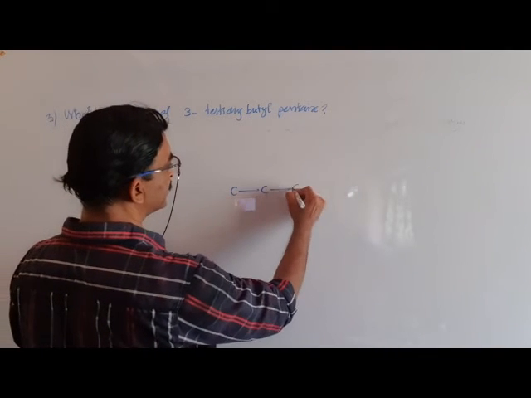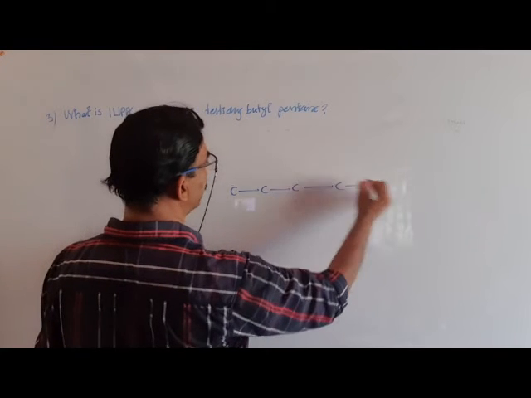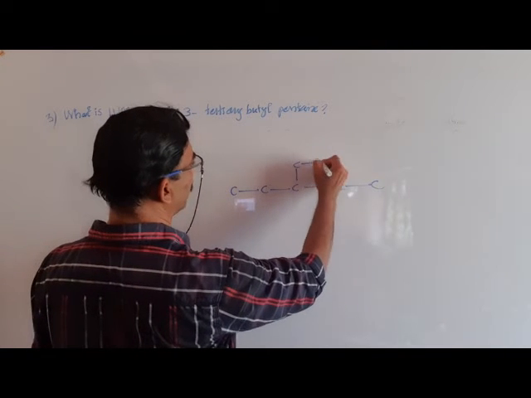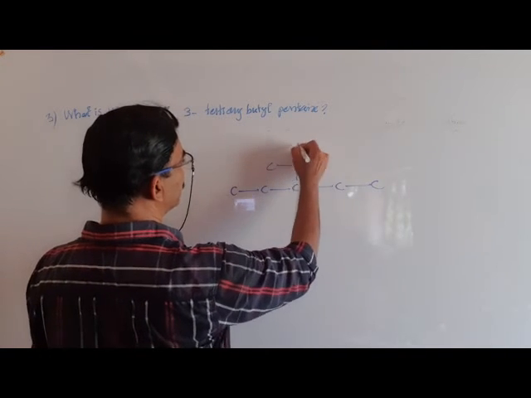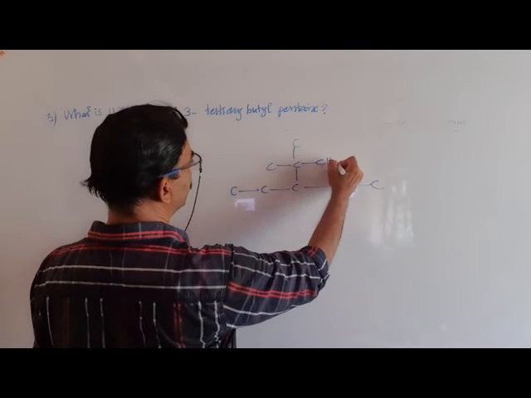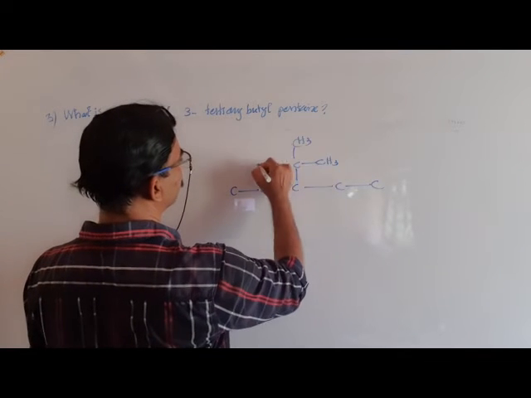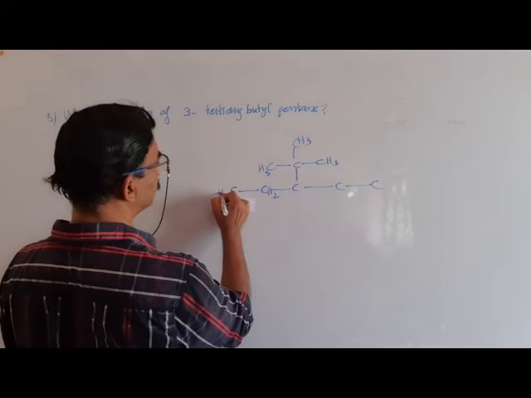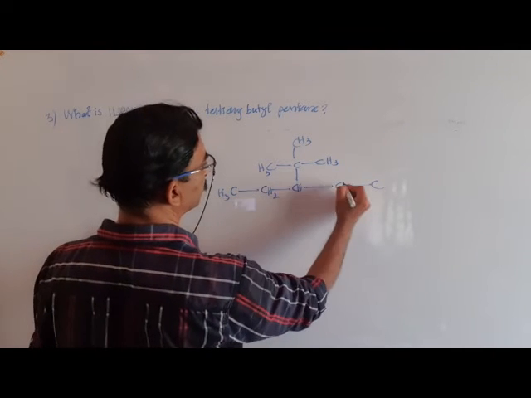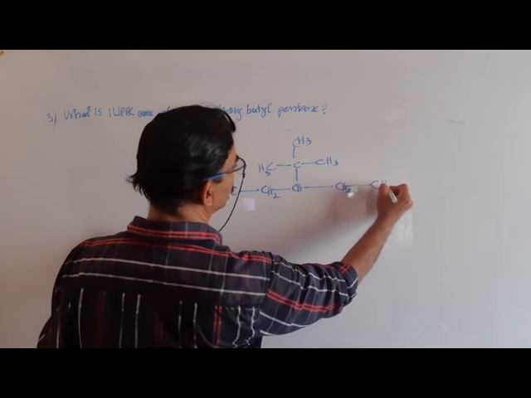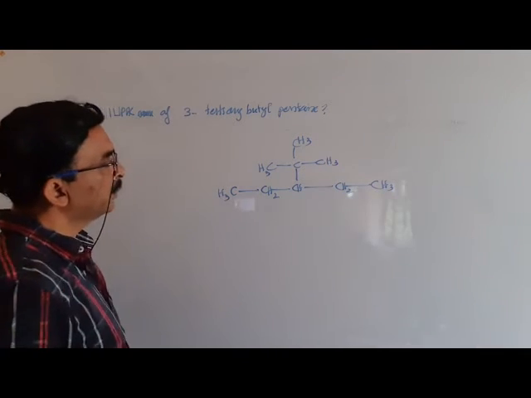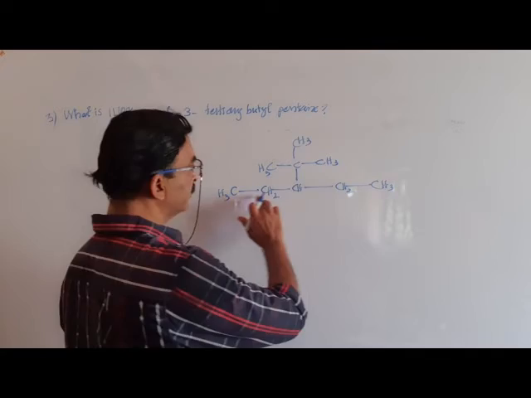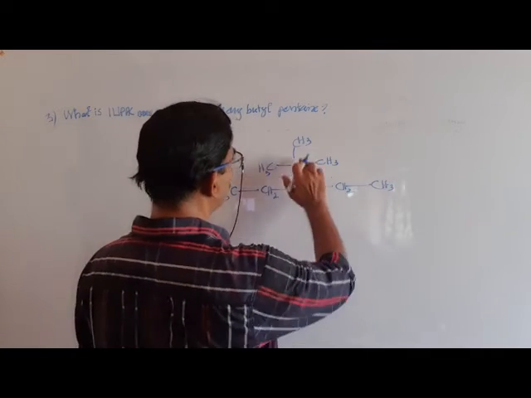C, C, C, C, C. Now add the tertiary butyl group here. C, C, C, C. Fill it with hydrogen. Yeah, that's it. Now, see the longest chain: 1, 2, 3, 4, 5.